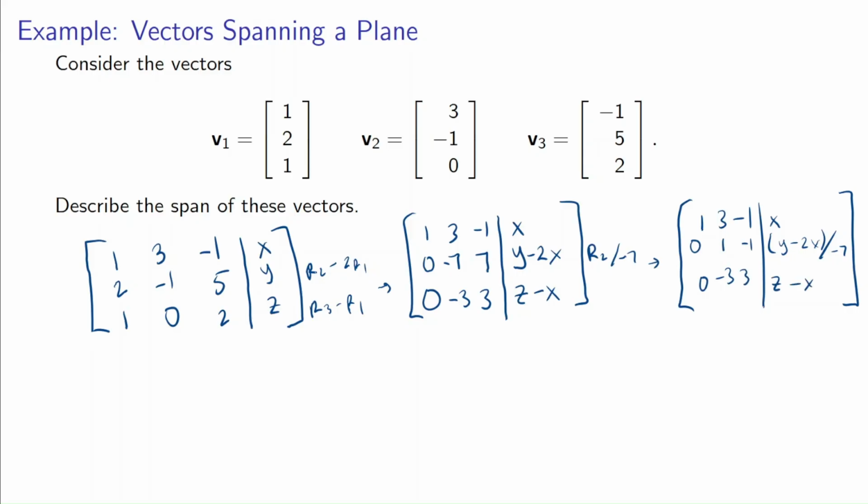Third row stays the same. And now we can do an R3 plus 3R2. And what we're going to see is that we're going to get that third row as all zeros. And so this is going to help us describe that span.